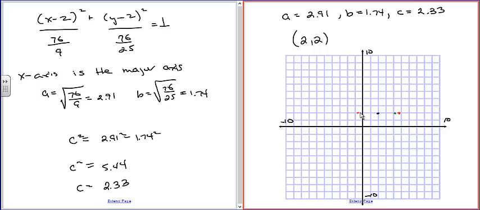Again, this is a fairly eccentric ellipse. Now, in this case, the y direction is the minor axis, so that's 1.74. So there's 2, so 1.74 is about right there. Go the other direction 1.74.